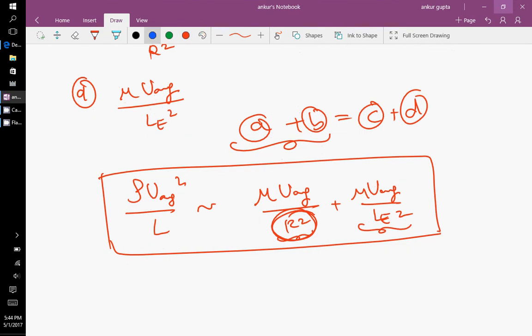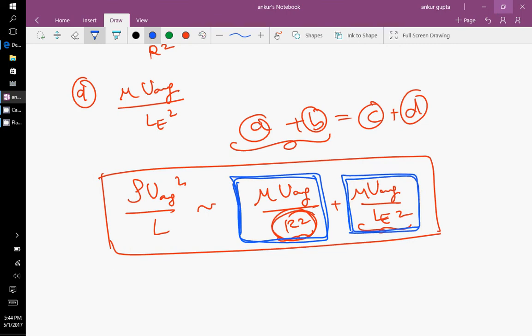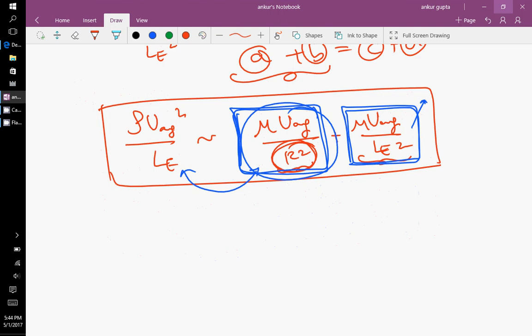So in the one we did in class and in recitation, this was mu u average by delta square and this was mu u average by L square, and we said that delta is much less than L, so we actually ignored this LE term and just had mu u average by delta square, and we could then calculate the relationship between delta and LE. But here we cannot do that, and the reason is because depending on Reynolds number, we'll have different sort of flow pattern.